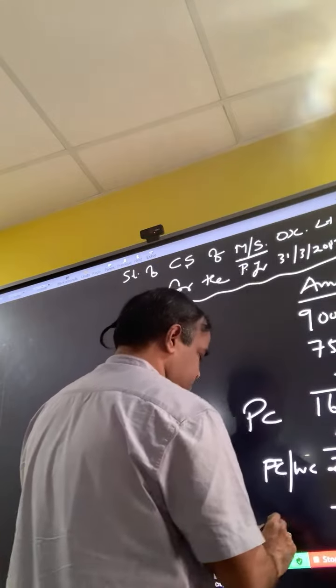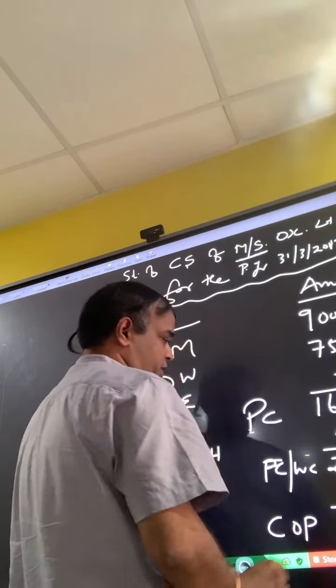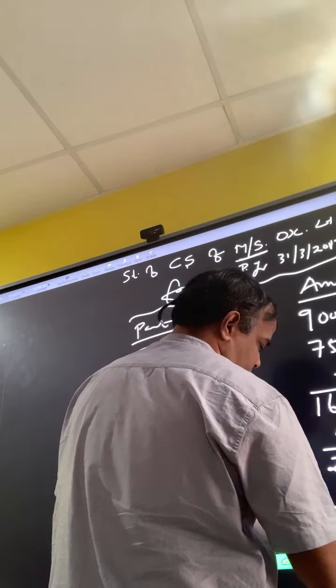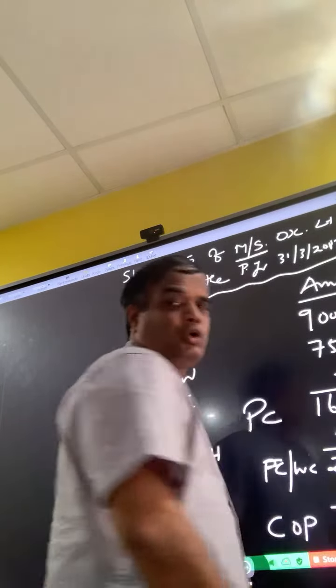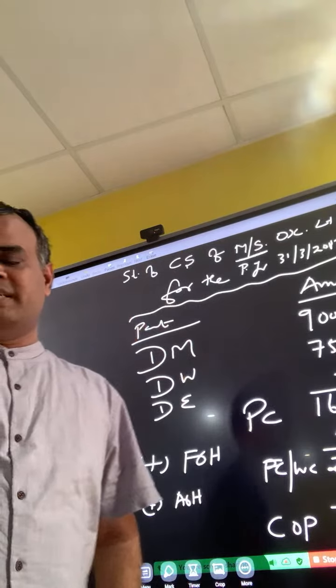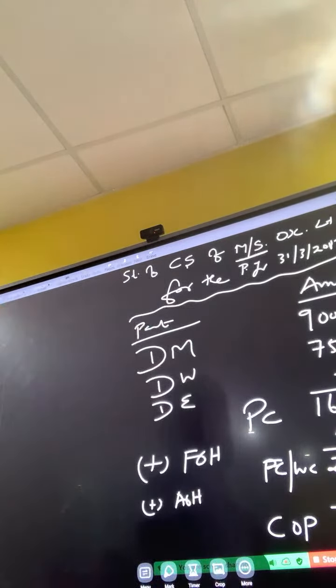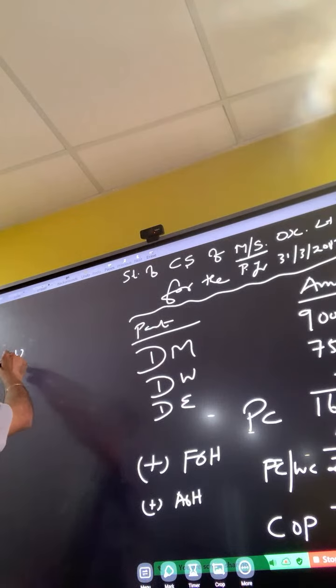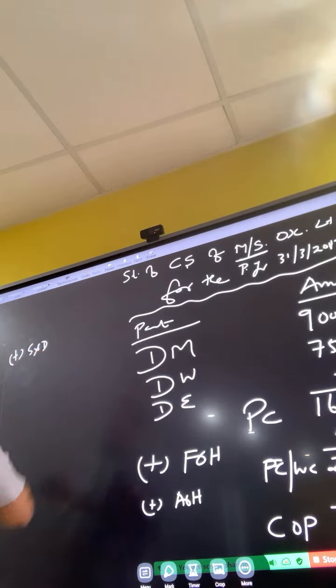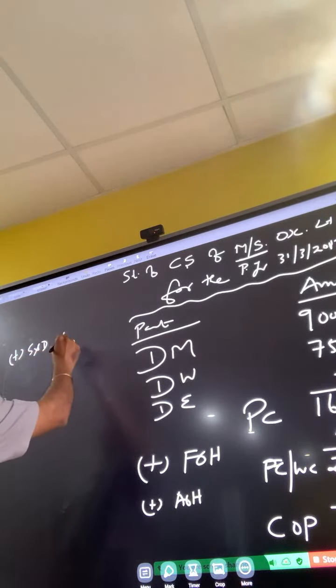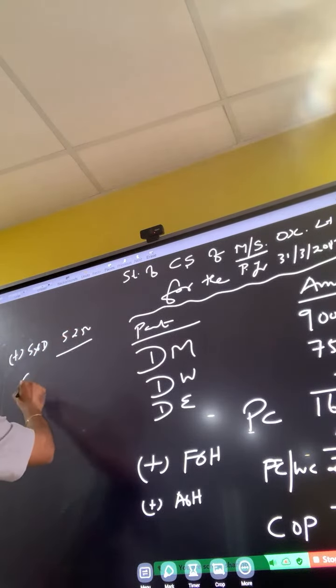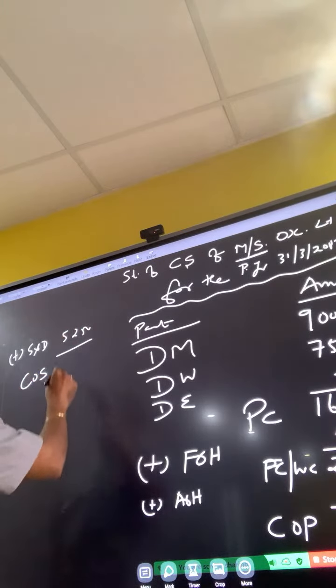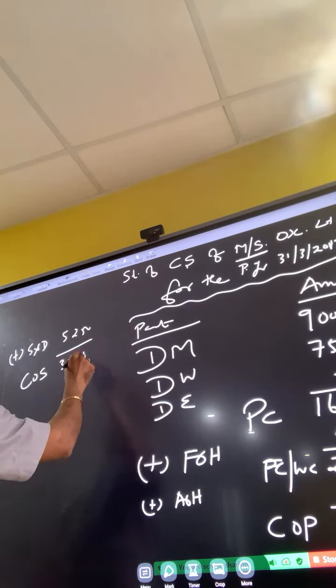Total is called cost of production, which comes to 25,200. Add selling and distribution overhead if any. How much? 5,250. Total is called cost of sales, which comes to 30,450.